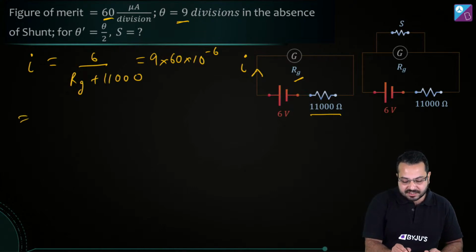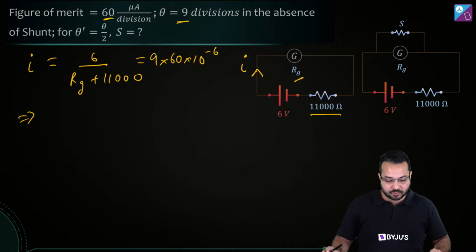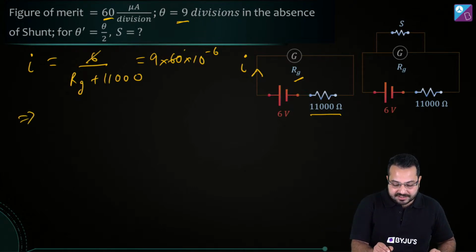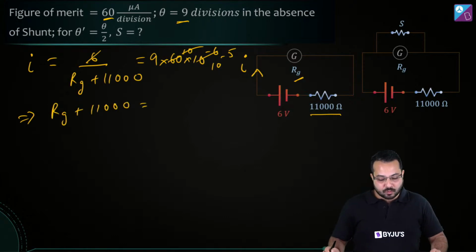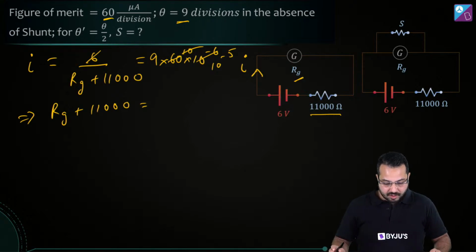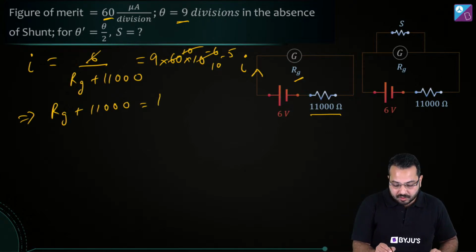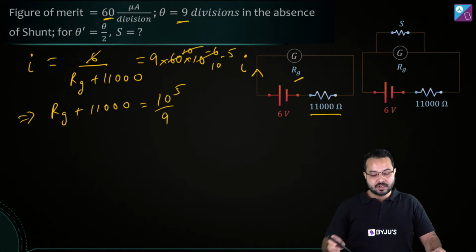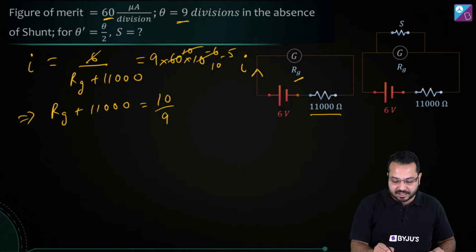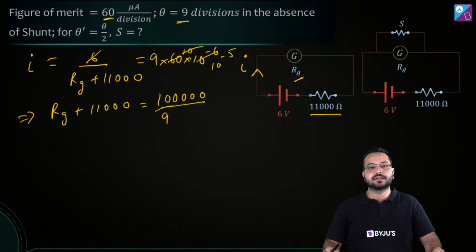This tells me that Rg plus 11,000 is going to be equal to 10 to the power 5 divided by 9. Is that correct? So what is 10 to the power 5? I can write it as 1 followed by 5 zeros, and then divided by 9.